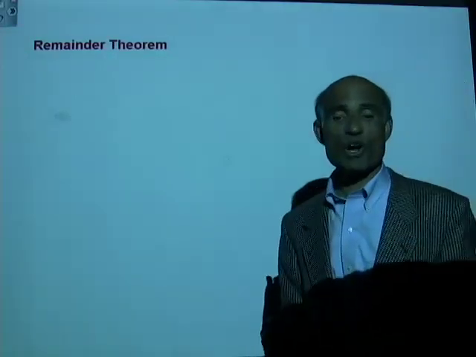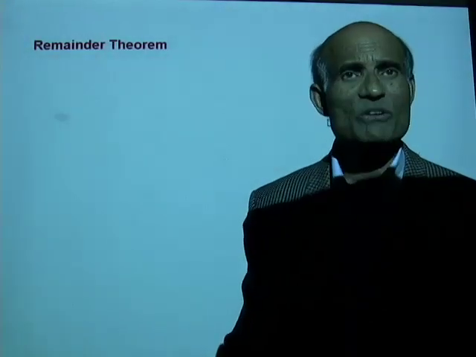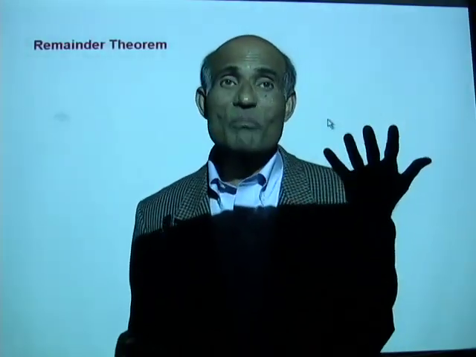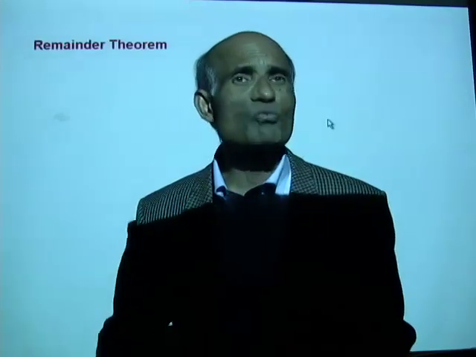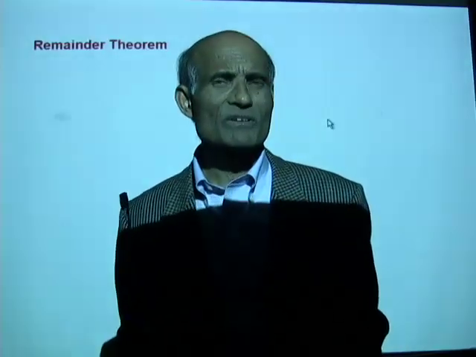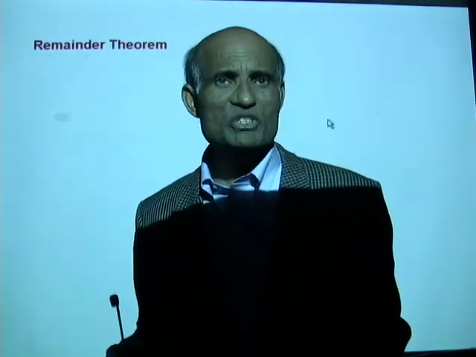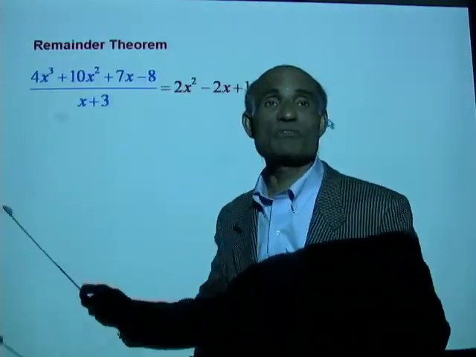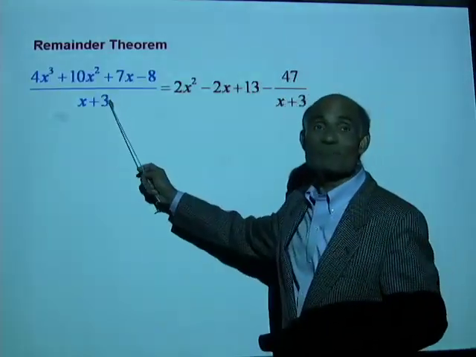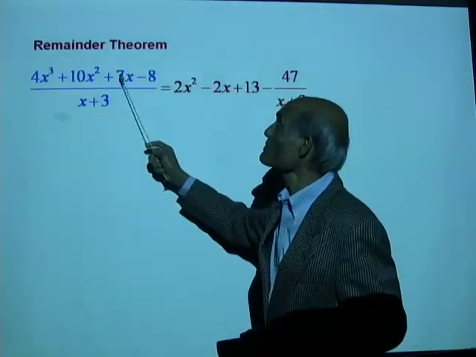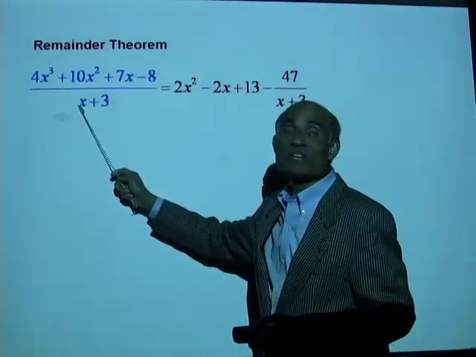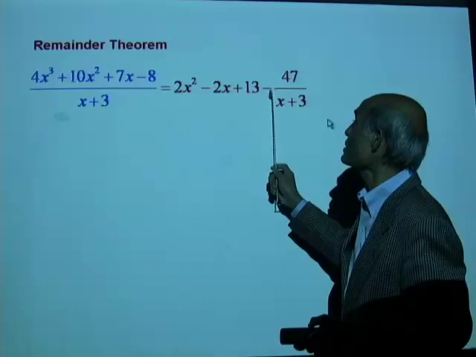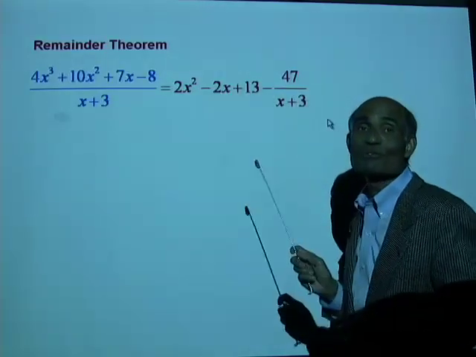Let's now look at what is called the remainder theorem. Now, do you remember the first polynomial, we divided it by a binomial, we got a remainder. It was, what was it, negative 47? All right, look back and see if that is correct. We will use that to obtain the remainder theorem. Well, there it is. We did this one some time ago. 4x cubed plus 10x squared plus 7x minus 8 divided by x plus 3 is 2x squared minus 2x plus 13 minus 47 over x plus 3.